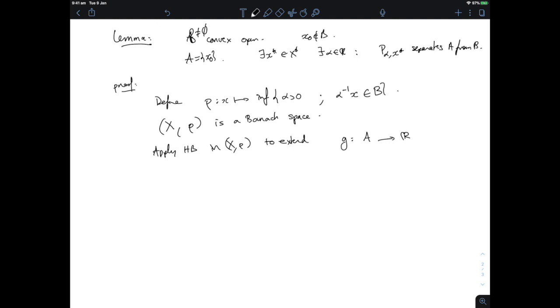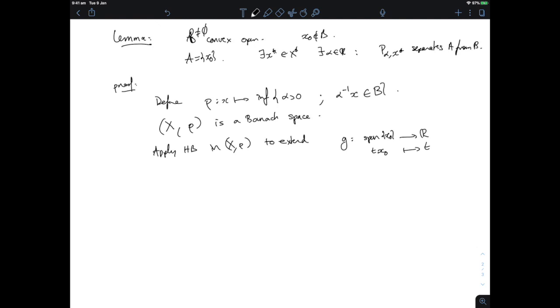Well, not just the single point x naught, I should say, because I need to define it on a subspace. So I'm going to define it on the span of that single point x naught, and I'm going to define it as the map that sends t times x naught to just t, where t is a real number.